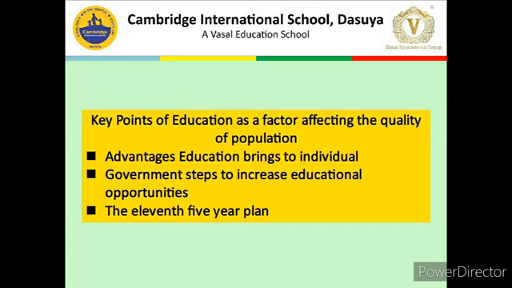But still 100% literacy rates are not achieved. Moreover, there is no uniformity in the literacy rate found in different states of the country, or even between male and female, and between urban and rural people.